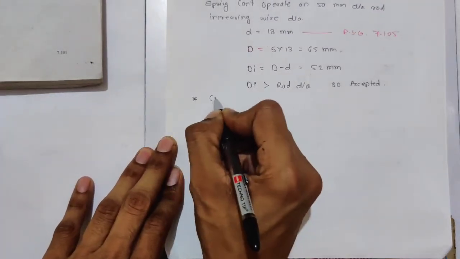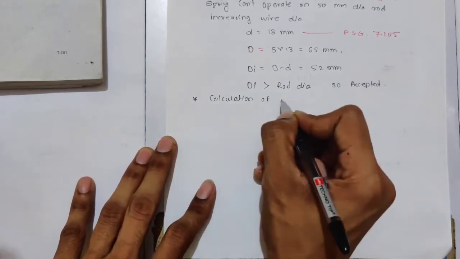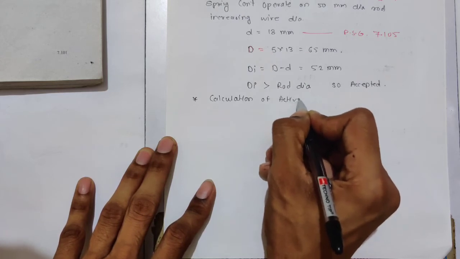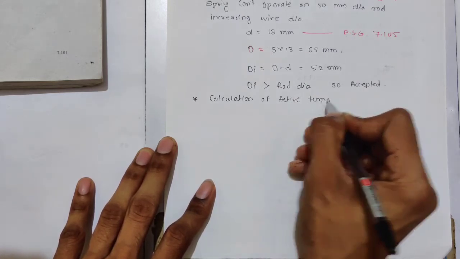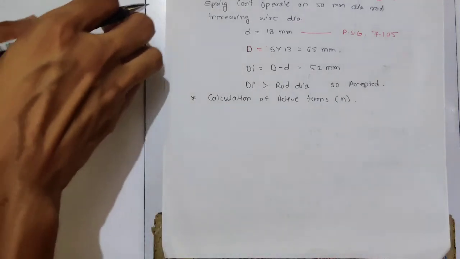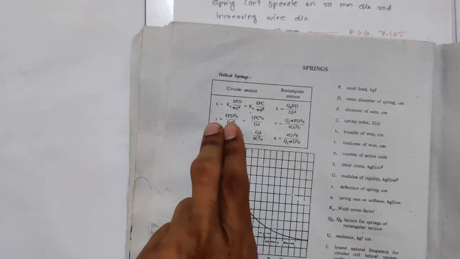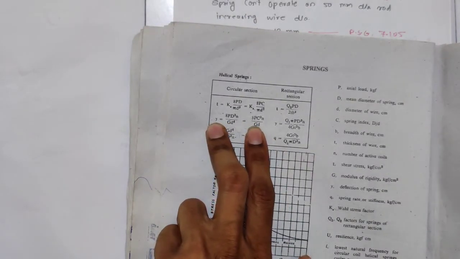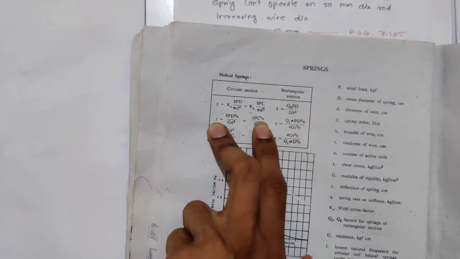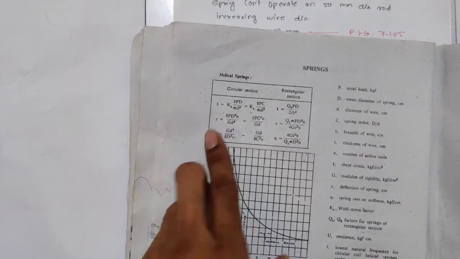Calculation of active turns. We know the formula, we have to go to PSG 7.100 and use the formula of y. You can use any formula and just find out the answer of N. y is given as maximum deflection 65 mm.